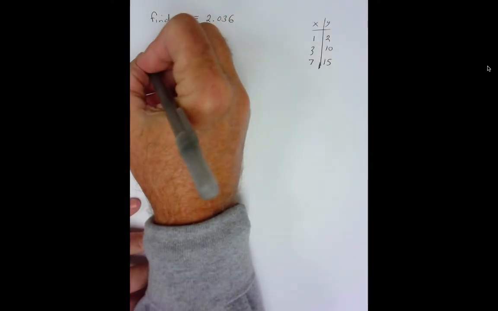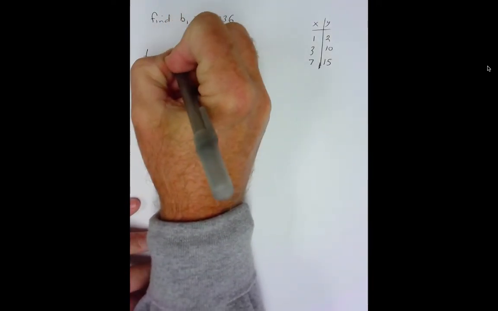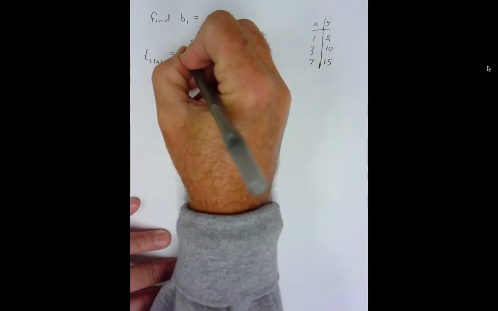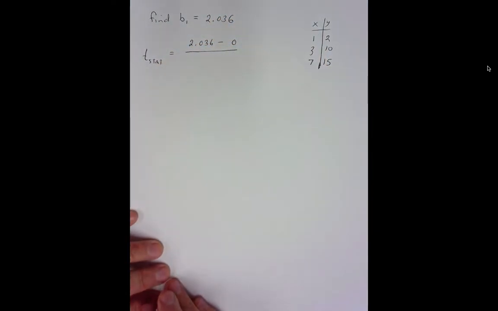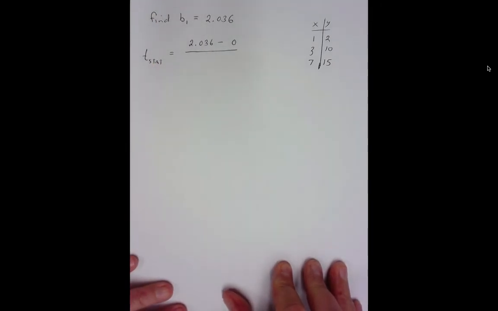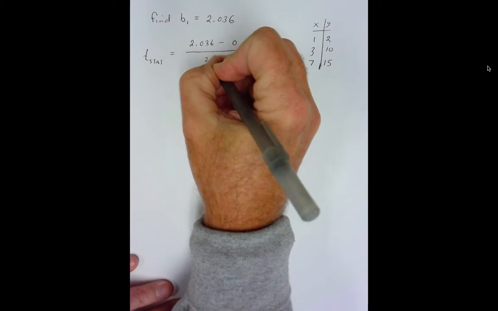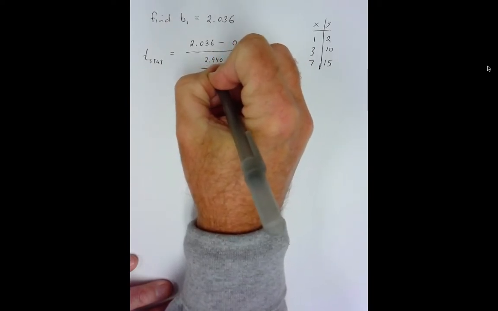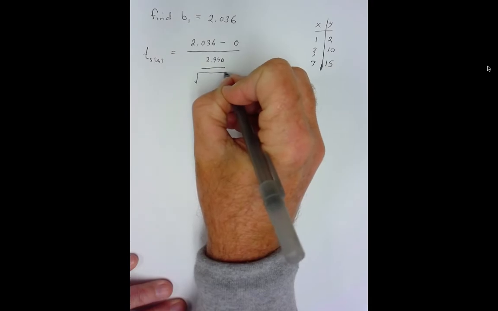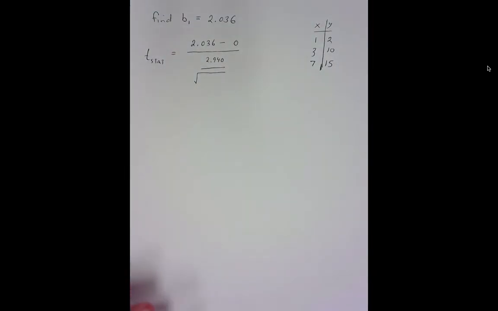So guys, the test statistic will be 2.036 minus 0, over our SB1, which I just found earlier, was 2.940, and our SSX was 18.667.